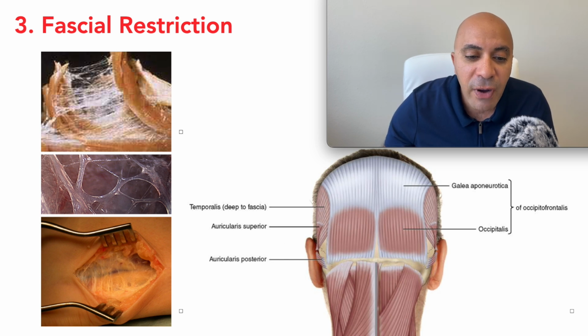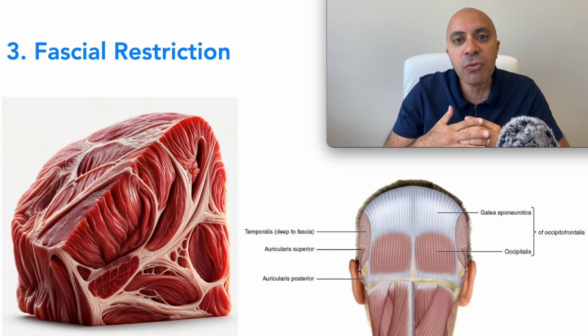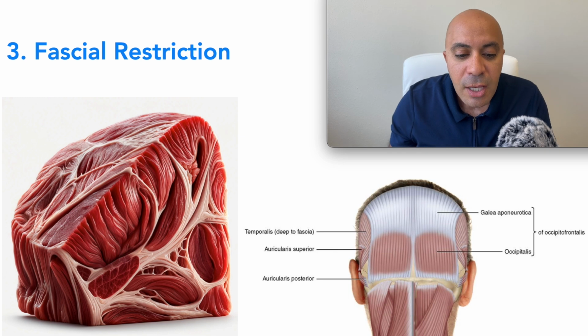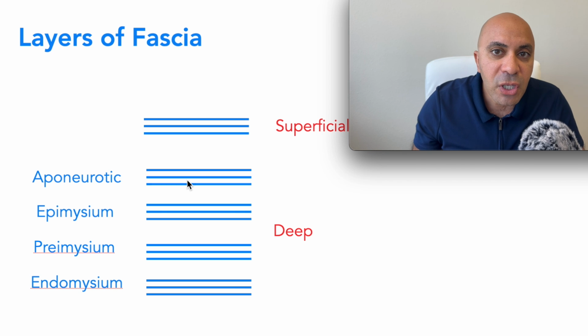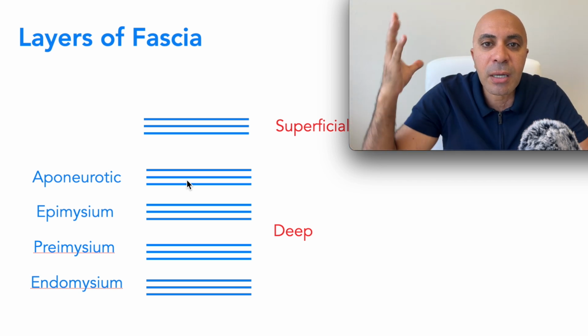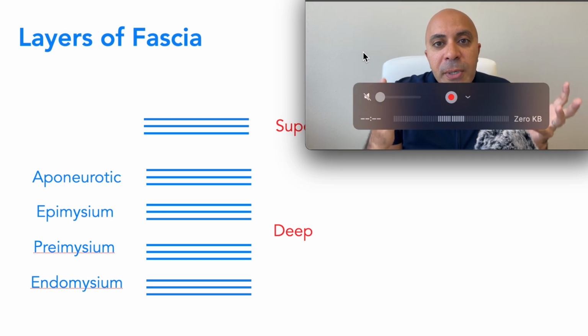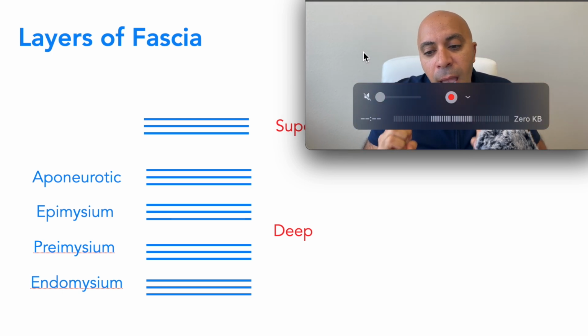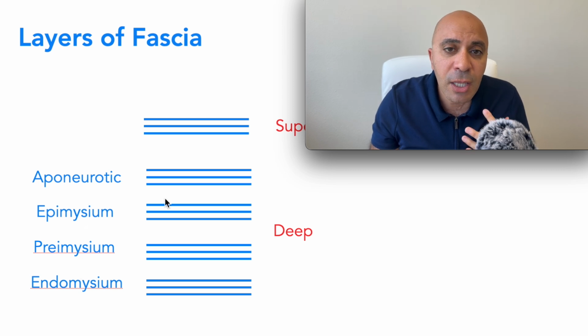So fascia is divided into two categories: superficial fascia and deep fascia. Superficial fascia wraps the entire body like a Spider-Man suit. That's the superficial fascia. And deep fascia is divided into aponeurotic fascia, epimysium, perimysium, endomysium.